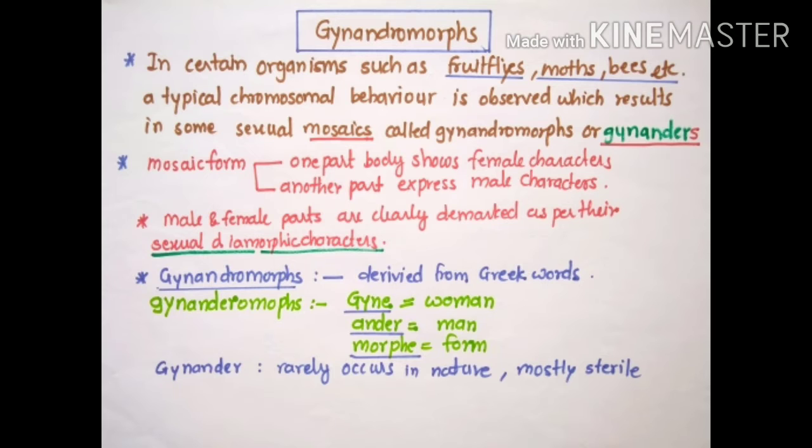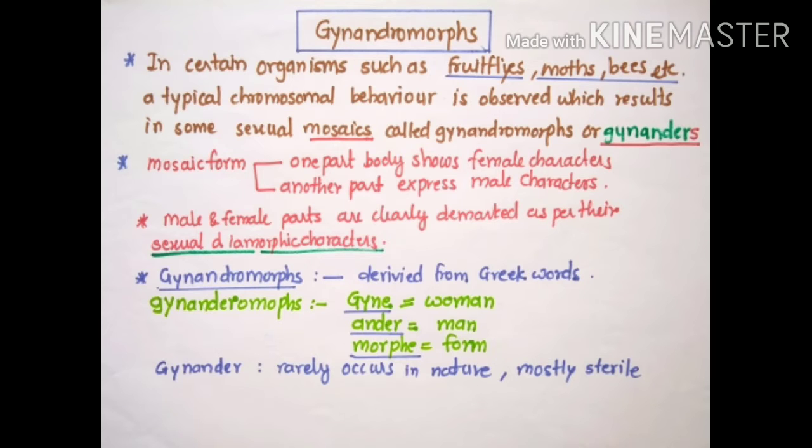Misdivision may cause an X chromosome to be lost in some of the cells during cleavage of the fertilized egg. The body parts formed by the descendants of the cell that has a single X chromosome left are male, whereas the cells that keep their two X chromosomes give rise to the female part of the Gynandromorph.